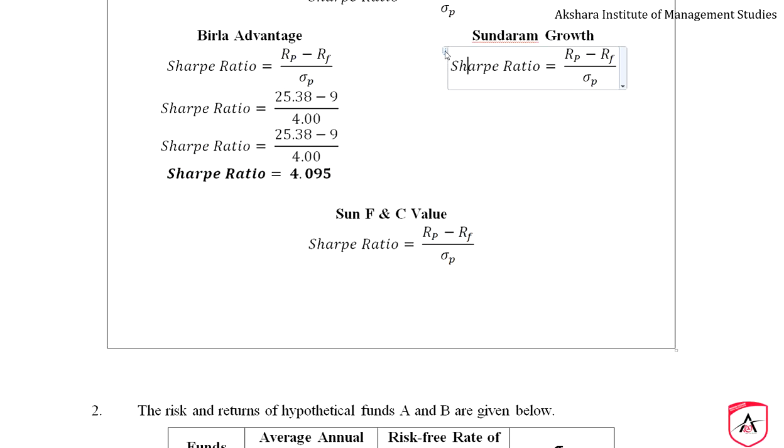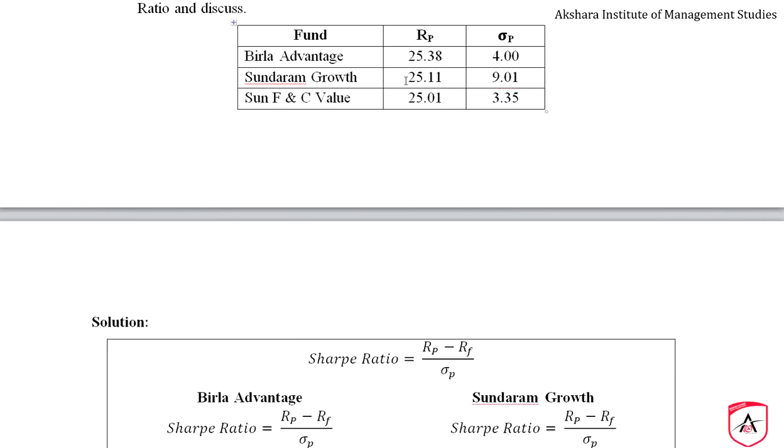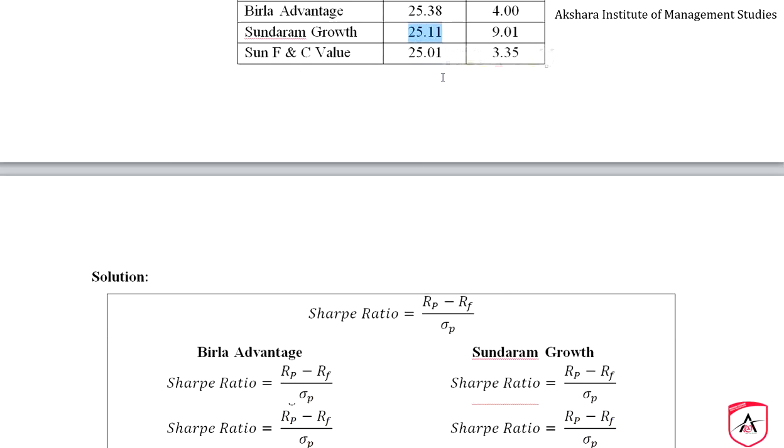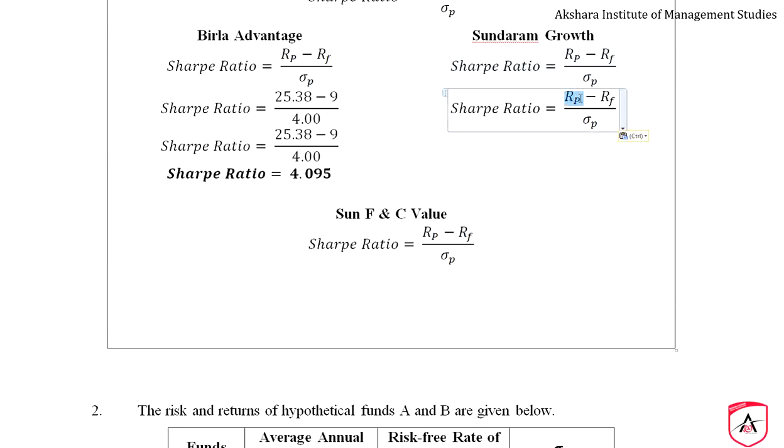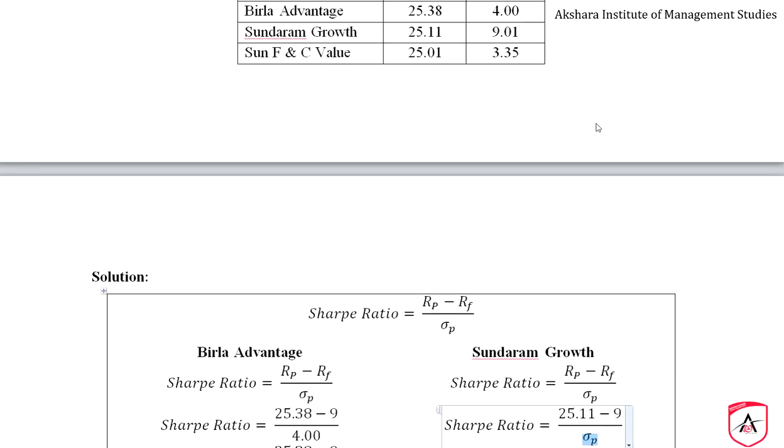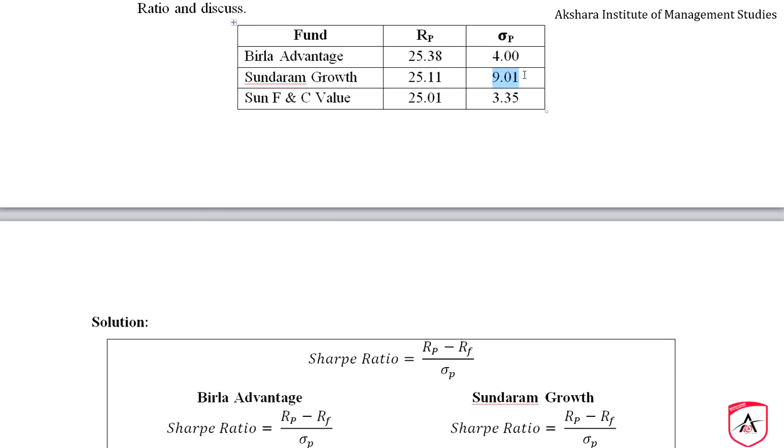Similarly, we have to calculate for the others also. This is Sundaram Growth. Return on portfolio is 25.11. The risk-free rate of return is common for all, it is 9%, as given in the question. And standard deviation P is 9.01.